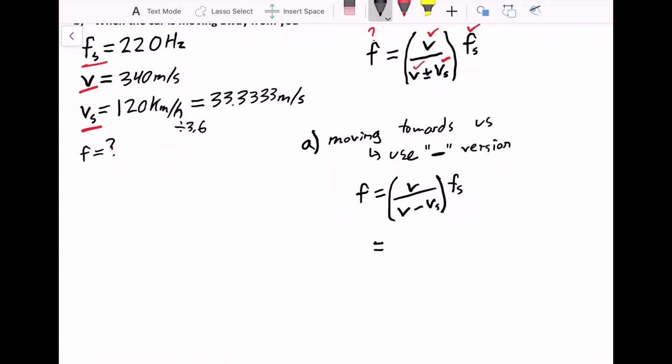So speed of sound was 340 meters per second divided by 340 meters per second minus the speed at which it's coming towards us, 33.33 meters per second. I'll keep all my digits when I do my calculation here. Multiplied by the initial frequency of the source.